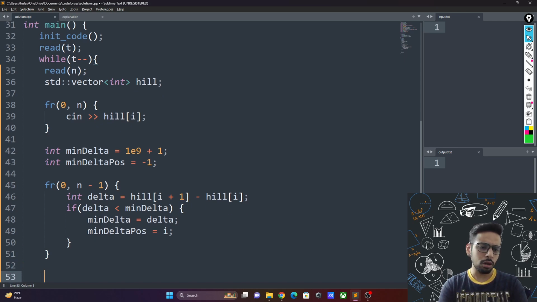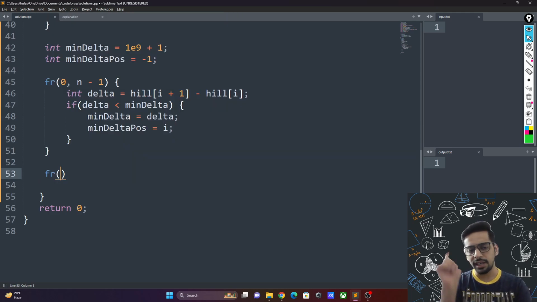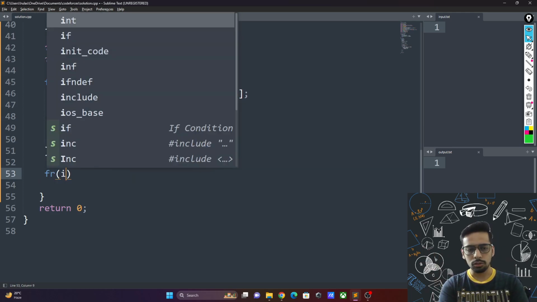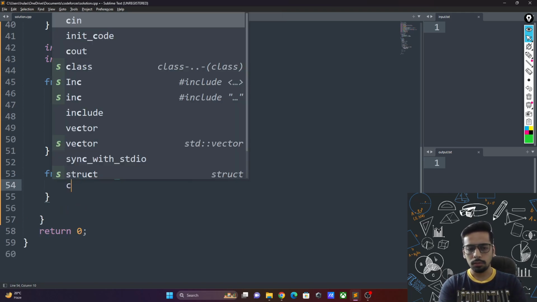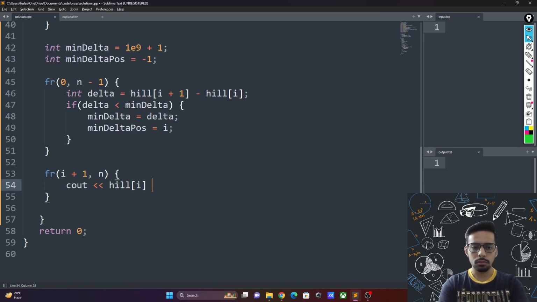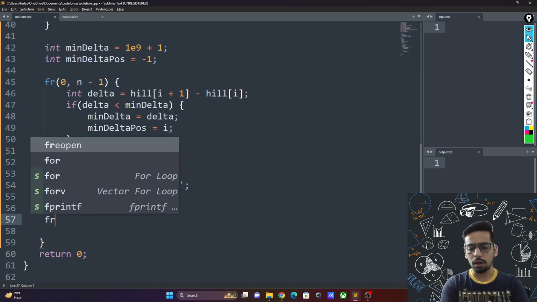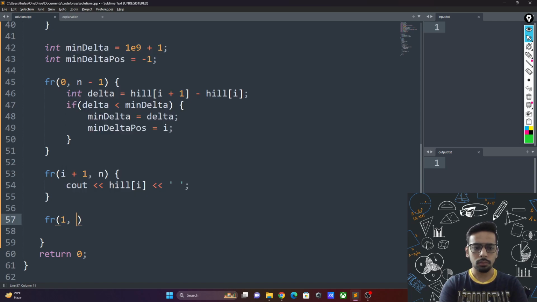That's, I think, all. I just need to print the answer now. Printing would be to print the second half first, so from i plus 1 to n minus 1, and then print the other half or the first half, actually from 0 to i.